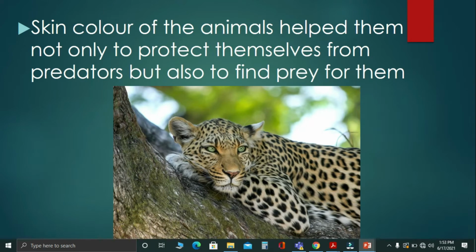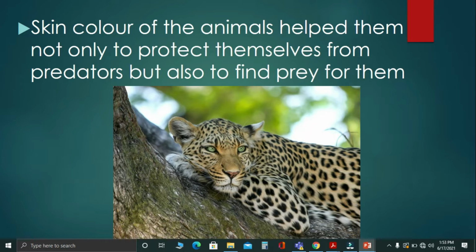Body color is not only for protection, but it also helps some animals to find food. Here, this is the picture of a tiger. This is a predator for some animals. So these predators can reach their prey without the prey knowing.